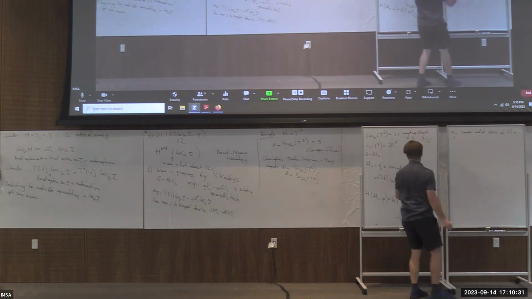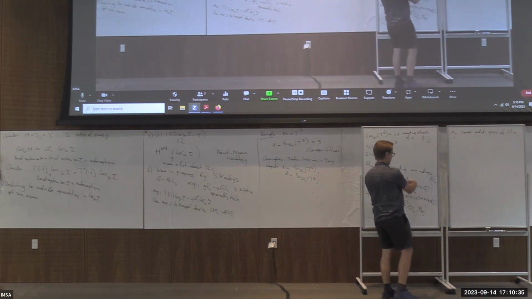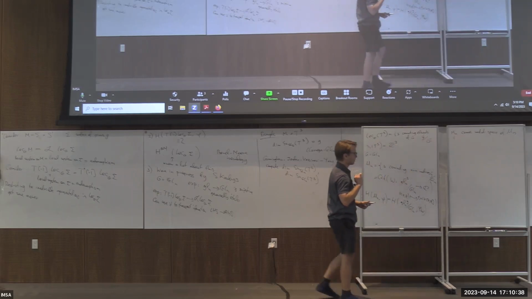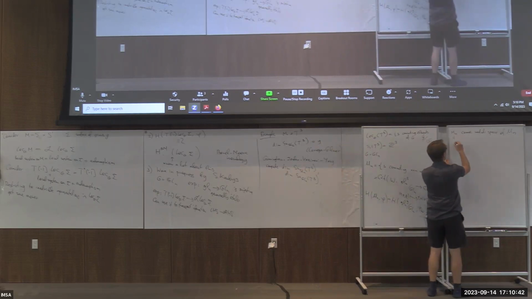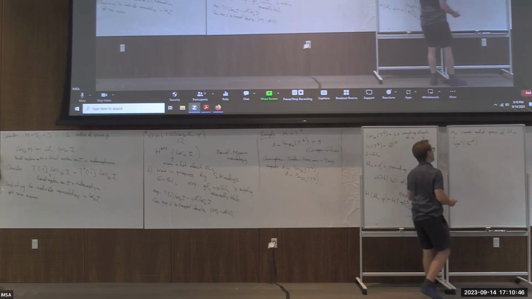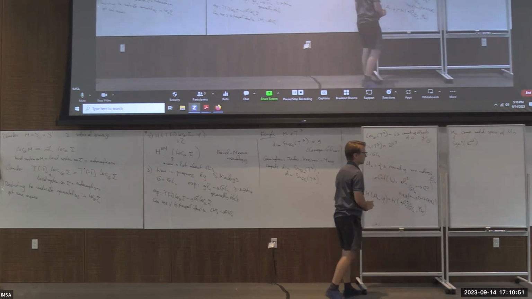So in this case, the coarse moduli space is very explicit. You have three commuting matrices, and you can remember their eigenvalues. You have n diagonal matrices, and there's three of them.